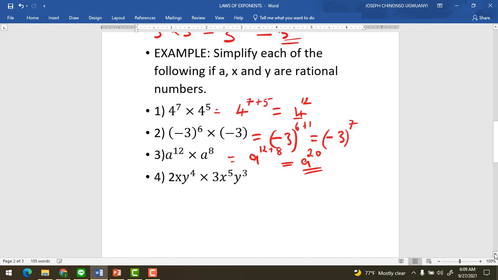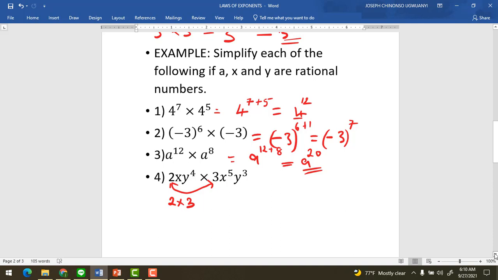The very final one, we have 2 x exponent 1 y exponent 4 times 3 x exponent 5 y exponent 3. First of all, we multiply the constants, so 2 times 3.